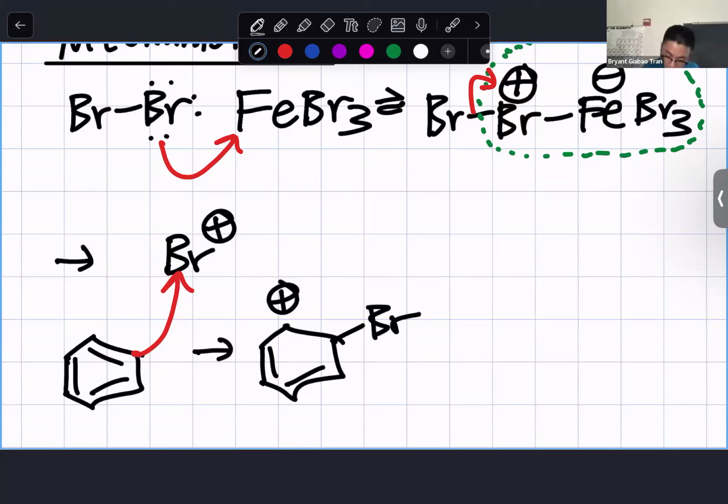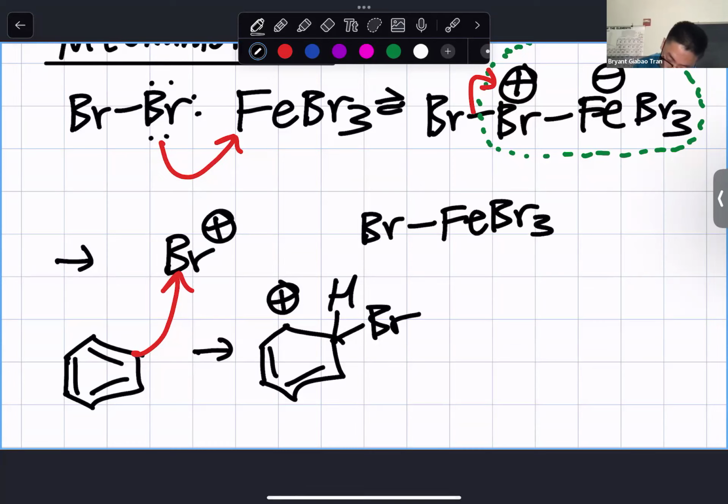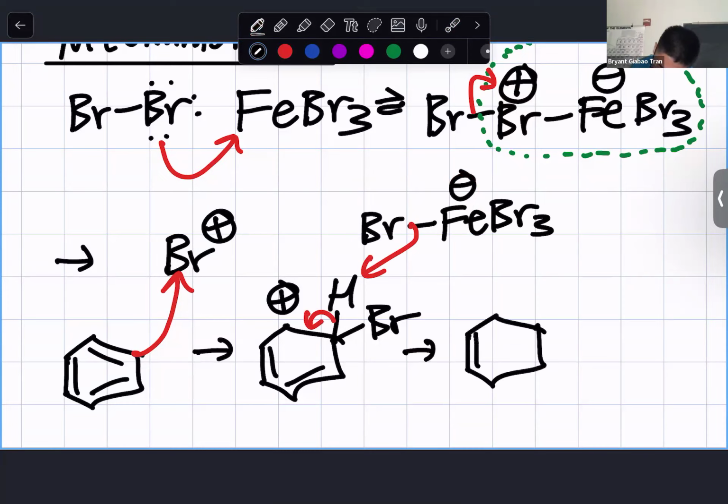So that's the hydrogen right there, and the base that does that is going to be this leaving group that left here. Iron still has a negative charge because iron still has 4 bonds. Since it has a negative charge, think of the Br as the base. The Br is going to attack that hydrogen, form a double bond there, and give us that benzene ring with the bromine.